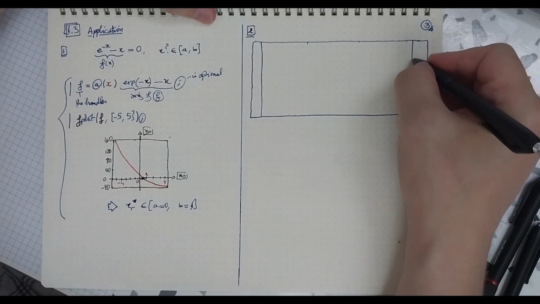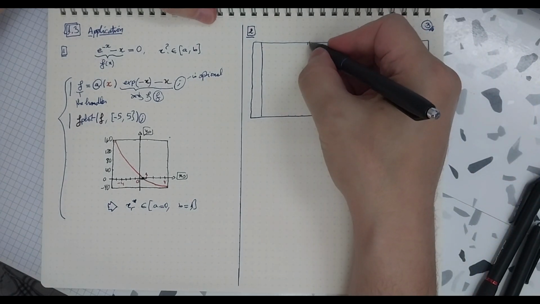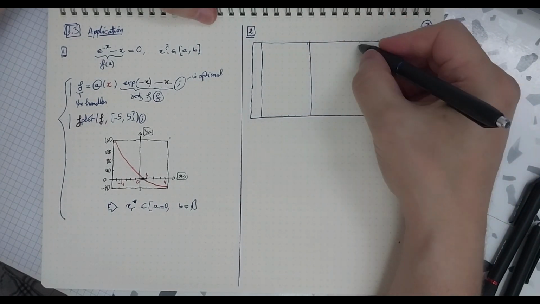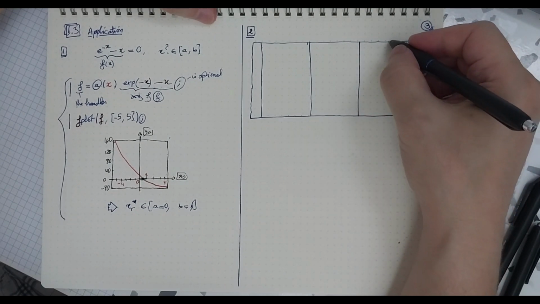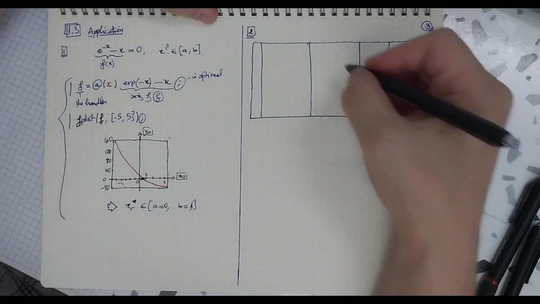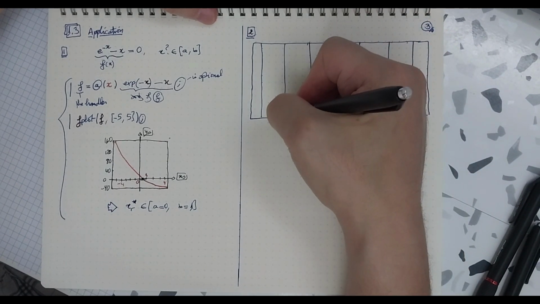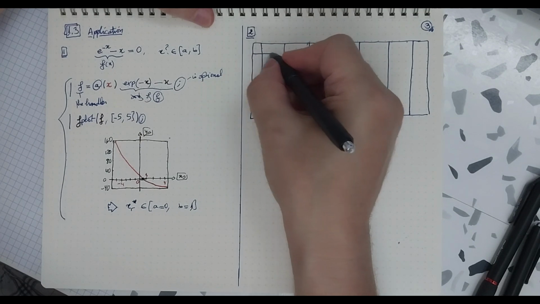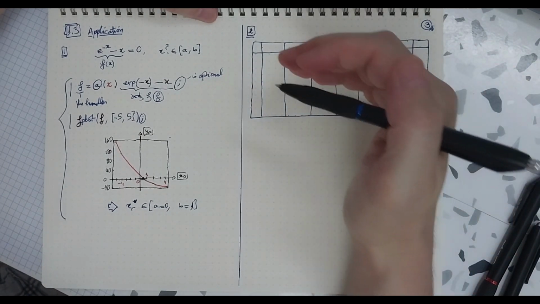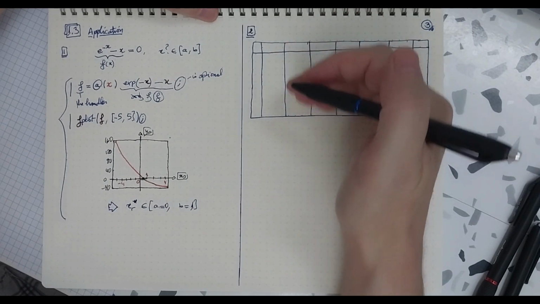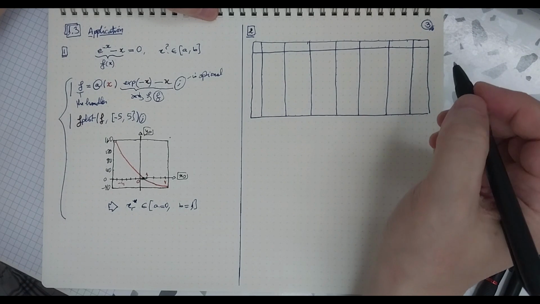So let's say for the error, and for the titles. And in this table, each row will represent an iteration.